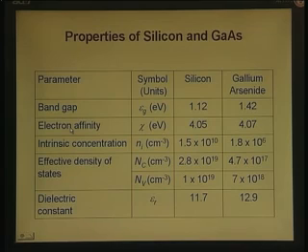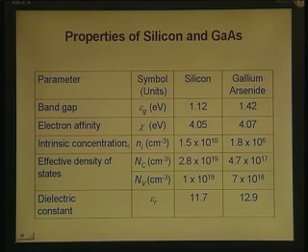Then the other important parameter is electron affinity, which is the difference between the vacuum level and the conduction band edge Ec. So E0 minus Ec, that is the symbol chi, that is 4.05 electron volts for silicon, 4.07 for gallium arsenide. So different semiconductors have very close electron affinity values.